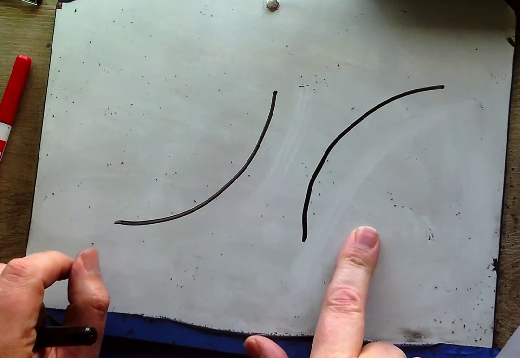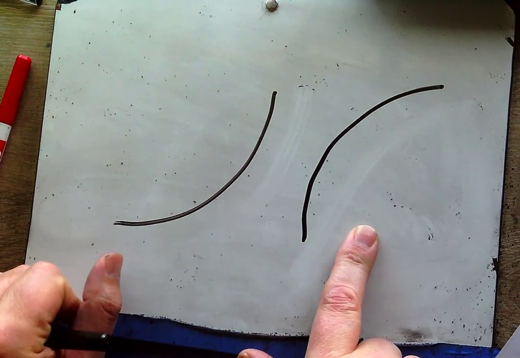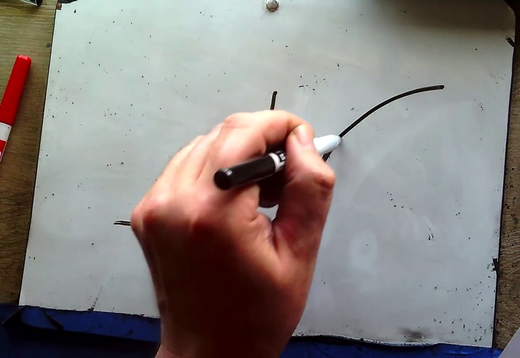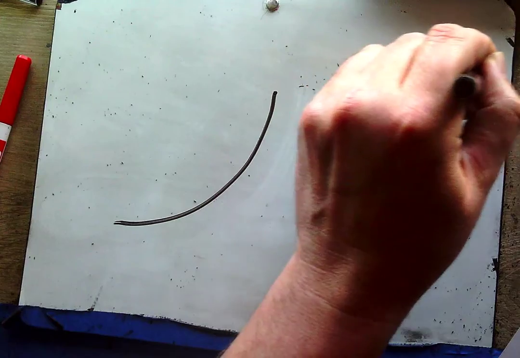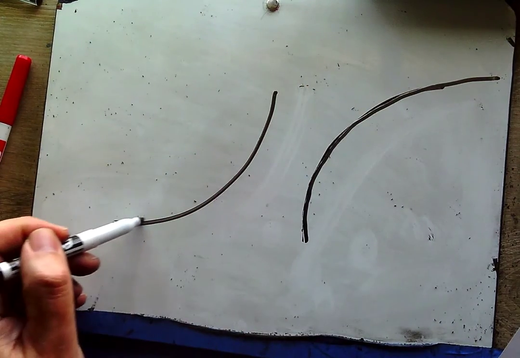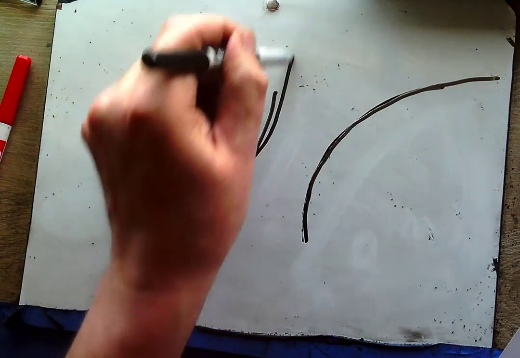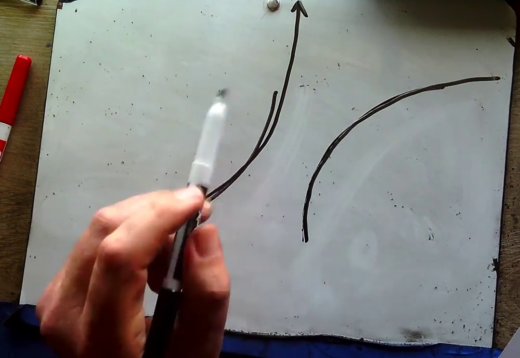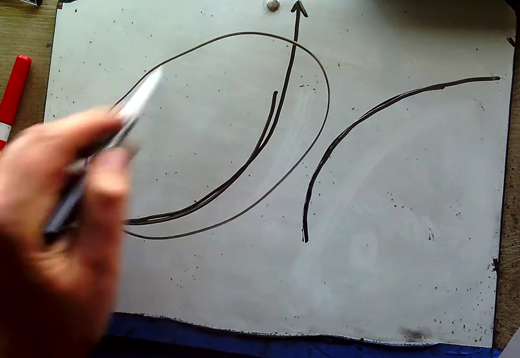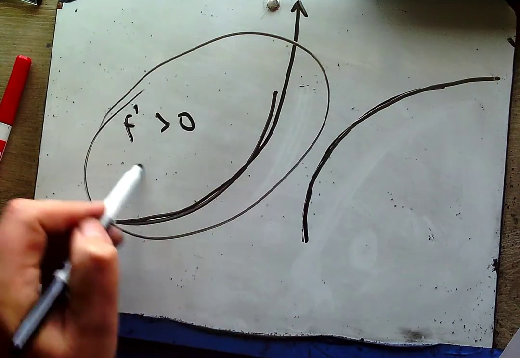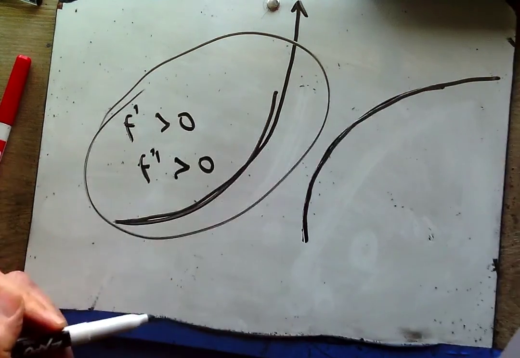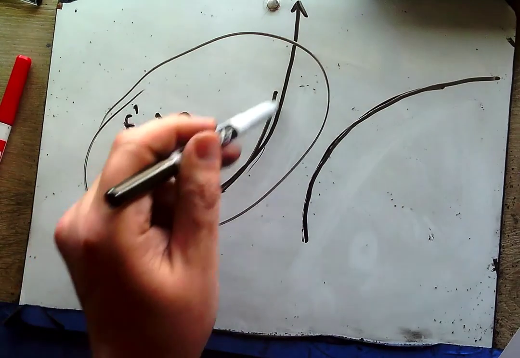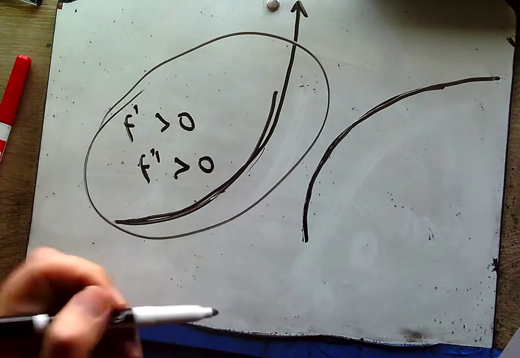And it's this one where you say, well, maybe it's time for us to find another advertising company, because while sales increased, they increased slower and slower and slower. But here, ooh, thank you, Apple, sales increase faster and faster and faster. So IBM Peru says, yeah, get me some of that f prime greater than 0 and f double prime greater than 0. Because not only is the revenue going up, but the revenue is going up faster and faster.